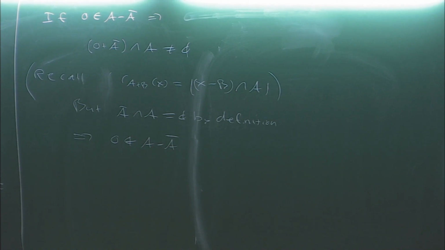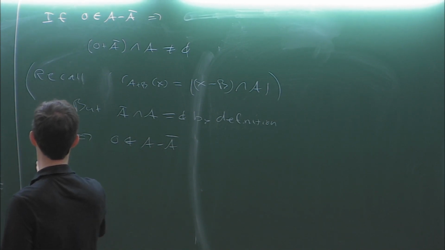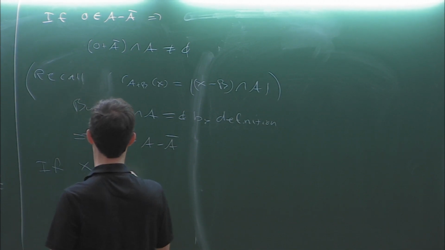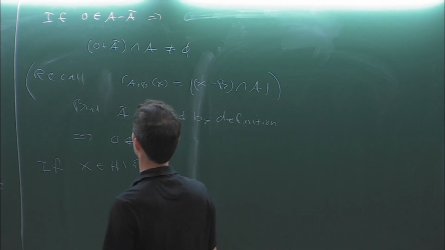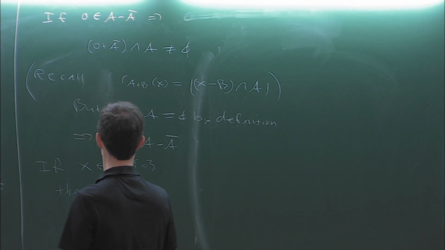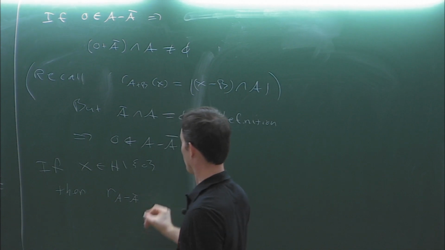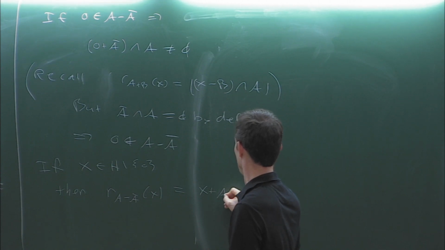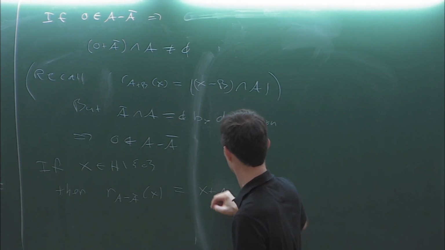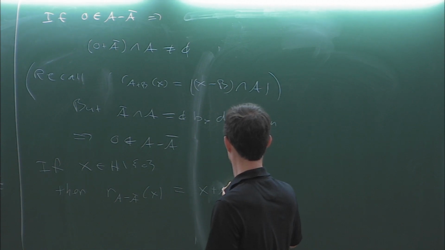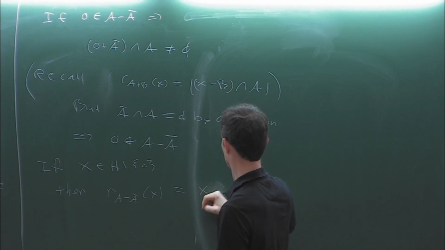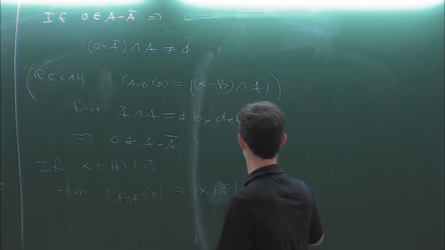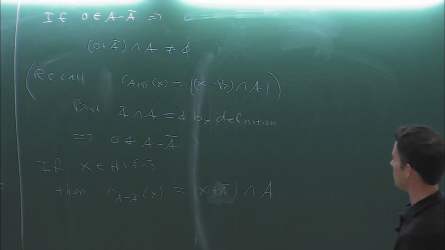What about something else? If x is in H, but it's not equal to 0, then the number of representations of x inside this sumset, A minus A bar, that's (x + A complement) intersect A. A is aperiodic. It's not a union of H cosets.